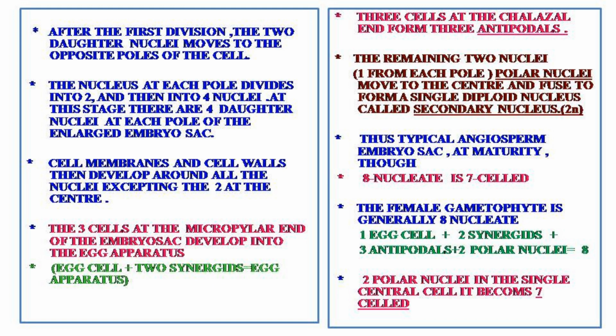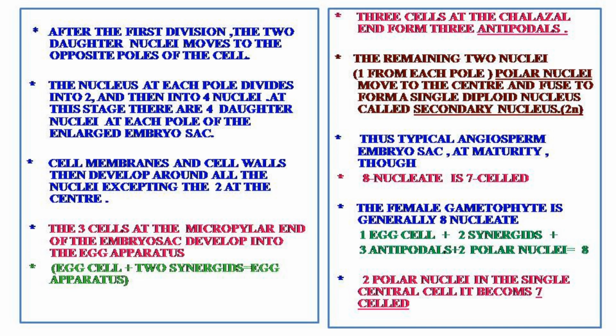That is why it is 8 nucleate but 7 celled. In the central cell, 2 polar nuclei are there, but it is inside a single cell. So that is considered together as total 7 celled and 8 nucleate condition.